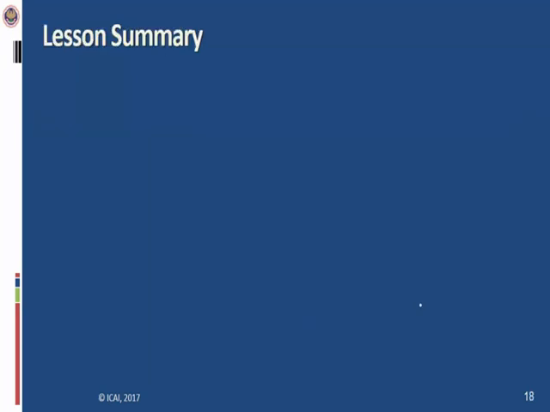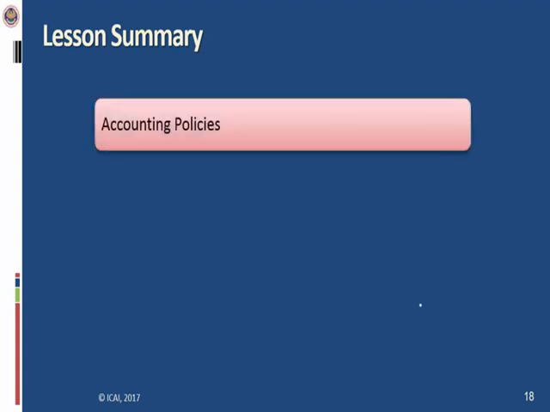Now coming to the lesson summary. So what we have learned in this standard, so this was the very basic standard, and this standard is mandatory for every enterprise, every entity, and this is one of the fundamental standards while preparing financial statements. So we have learned what is the meaning of accounting policies. Accounting policies are specific principles and methods applied while preparing financial statements.